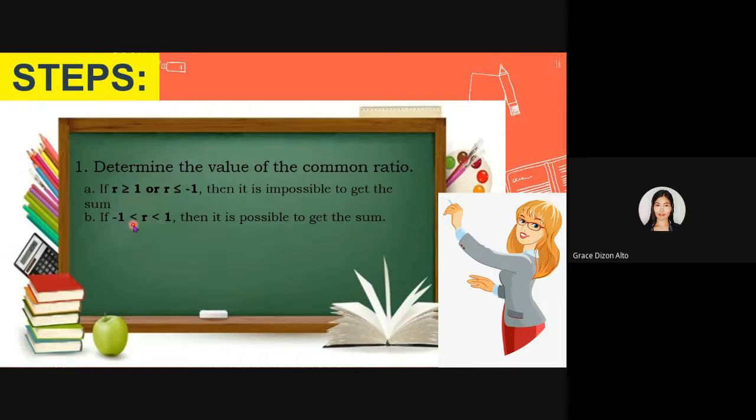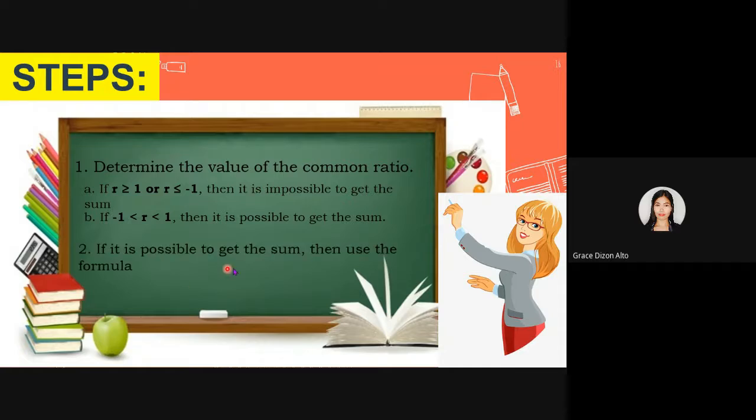The ratio should be within this range. You already discussed that during your grade 9. So when the range of the common ratio is between negative 1 and positive 1, then it is possible for us to get the sum to infinity. Okay, if not, we will not continue.